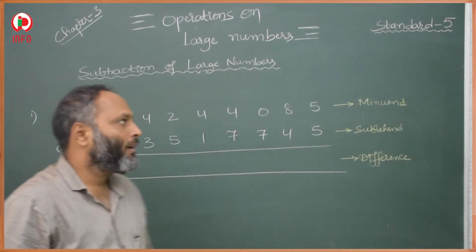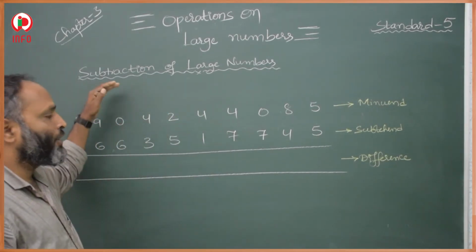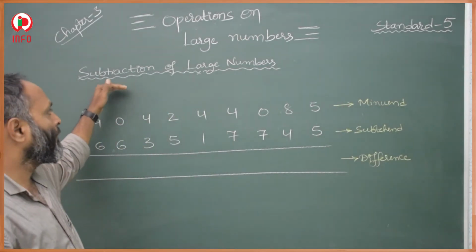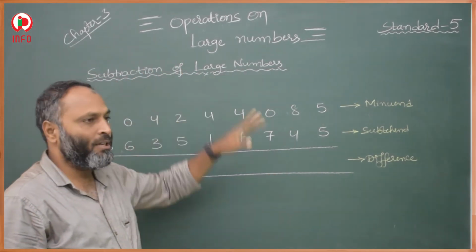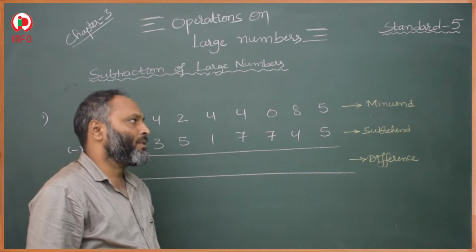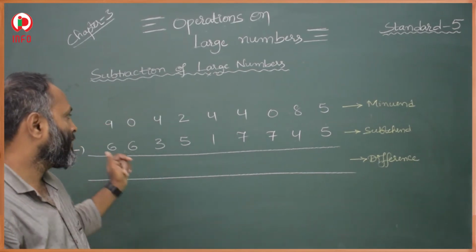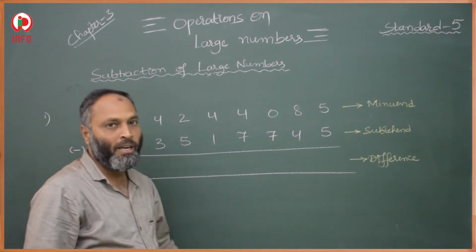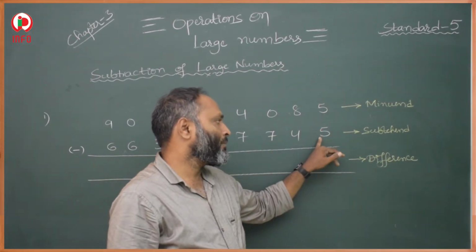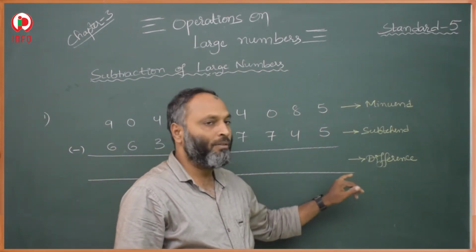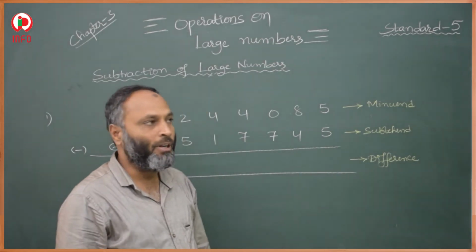Now, after addition of larger numbers, we are going to discuss subtraction of larger numbers, how to subtract larger numbers. Before we start, let us recapitulate. It is called minuend, subtrahend, and difference. The answer is called difference.